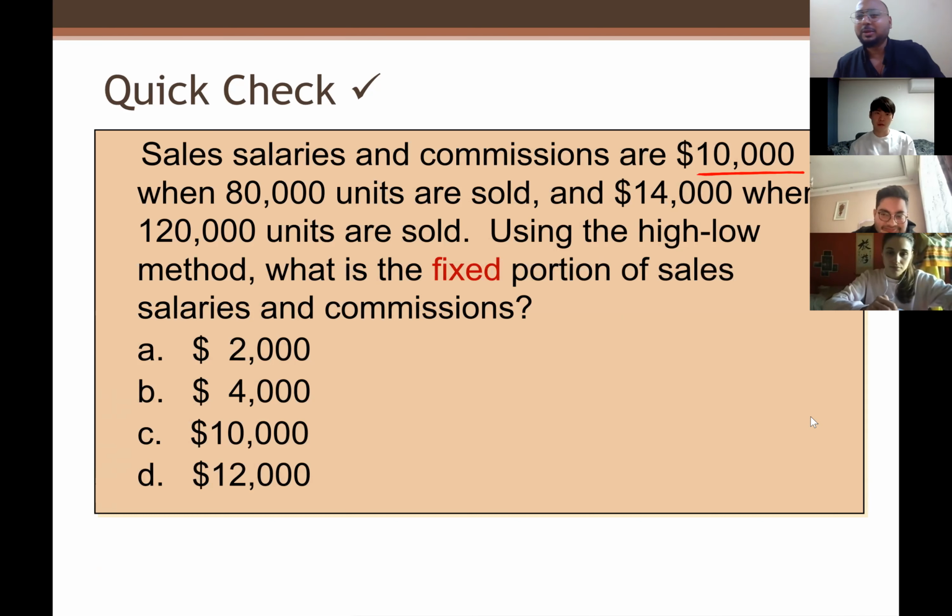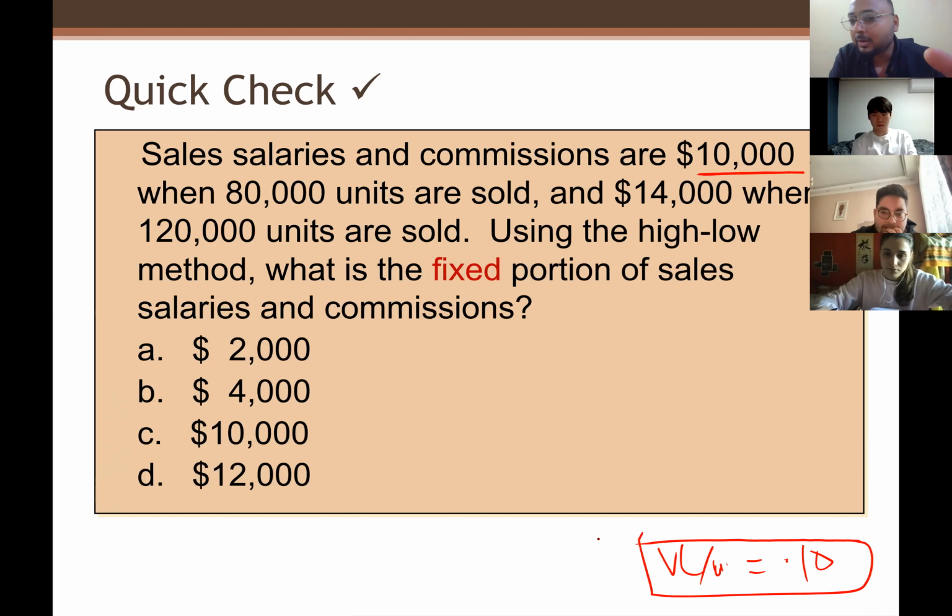You have the pen and pencil, you can use that easily. Very nice. We found that variable cost per unit is... No, sir, I know the variable, but I forgot fixed. In our previous question, we found that the variable cost per unit is 0.10. You can use either of the ones. Okay, let's talk about this one. When 120,000 were the units, mixed cost, total cost would be 14,000.